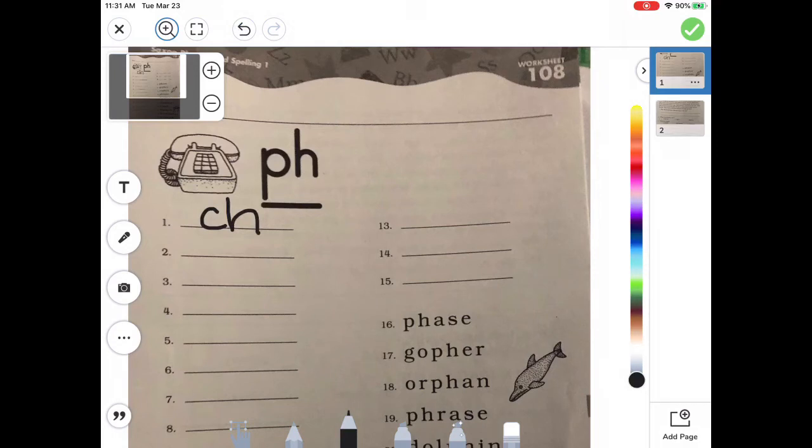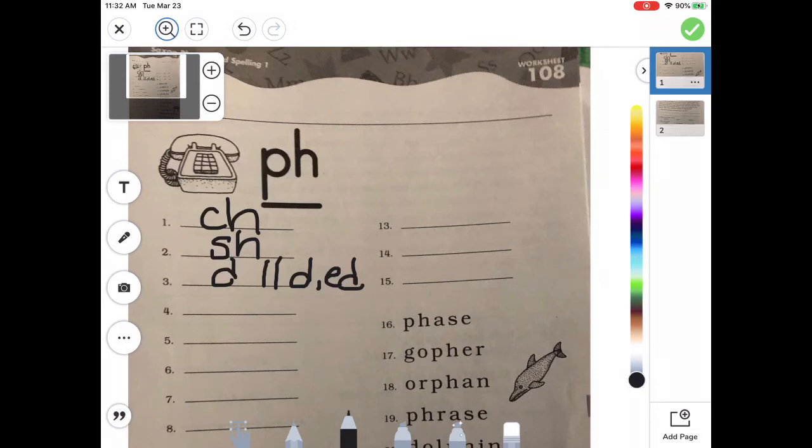What about the sh sound? That's right, SH, perfect. What about the d sound? That's right, it's D, but it could be ending D or ED. Remember that ED sometimes just makes the D sound.